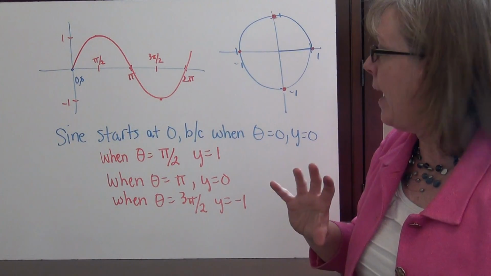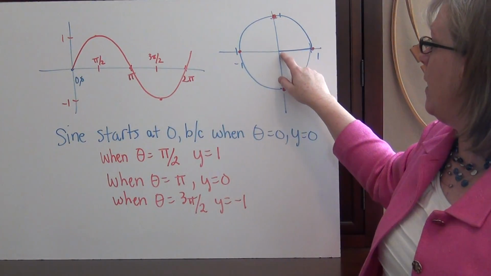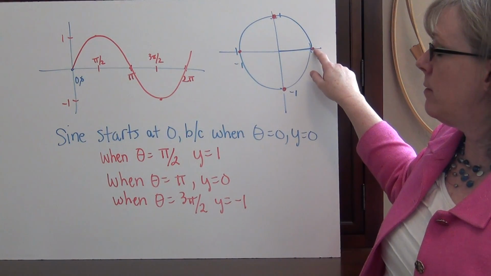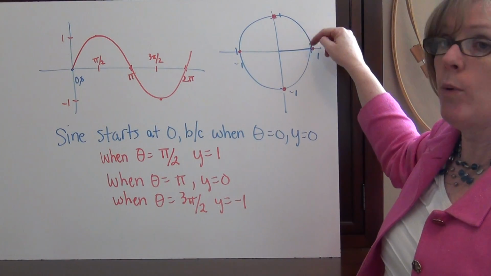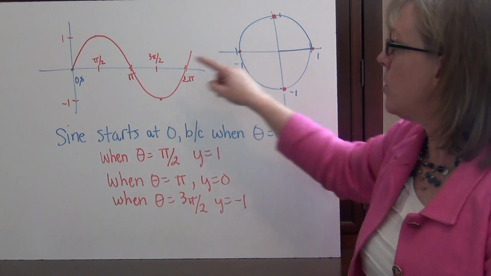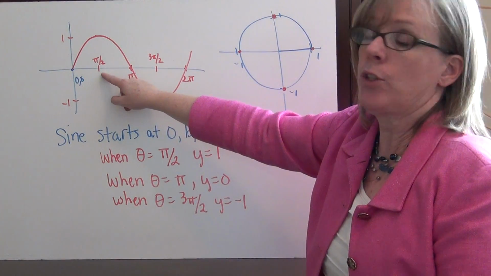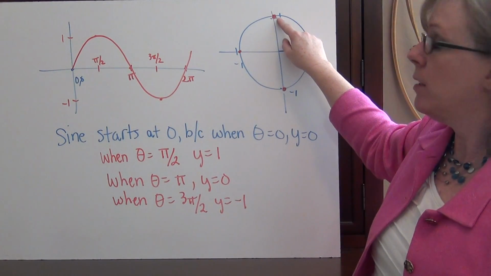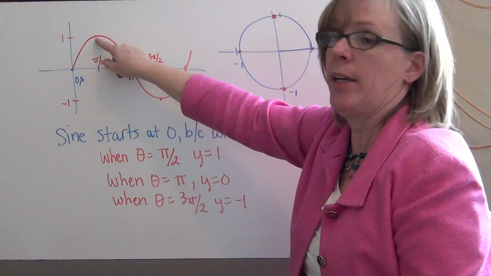So I have a value of 0, 0 to start my graph, and that's because when my angle equals 0, look at the value of y. Y is not going up at all, so y is also 0. So when my angle is 0, y is 0. When my angle is pi over 2, which is right up here, notice my y is its very tallest. It's at 1, so that's my peak.